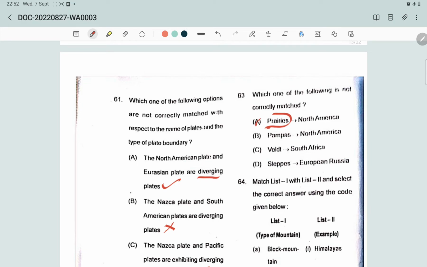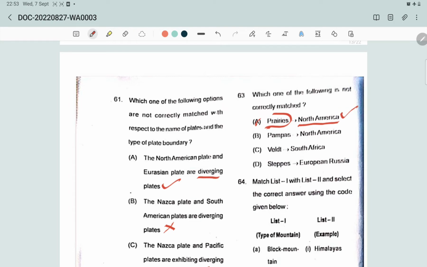They are found in some USA states like North Dakota, South Dakota, Montana, Kansas, Oklahoma, Texas, Colorado, and New Mexico, and some Canadian provinces like Alberta, Manitoba, etc. It is correctly matched because it is in the USA, and the USA is in North America.